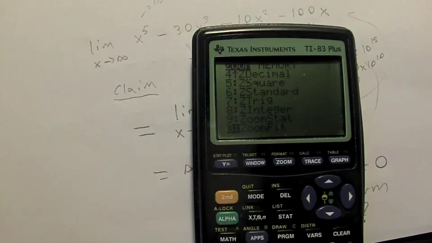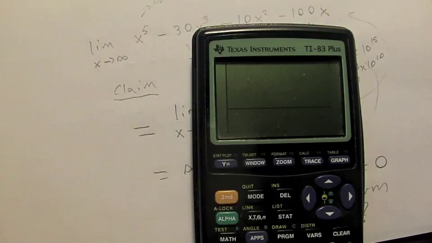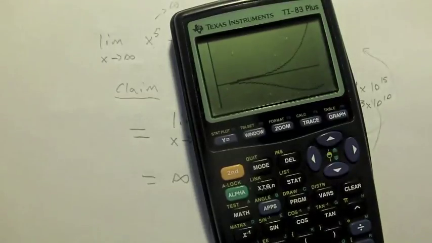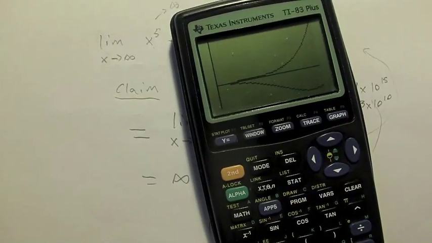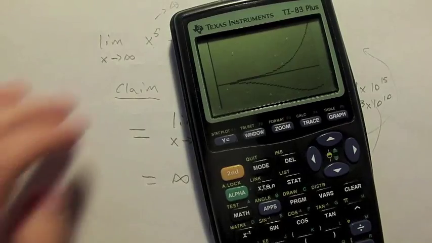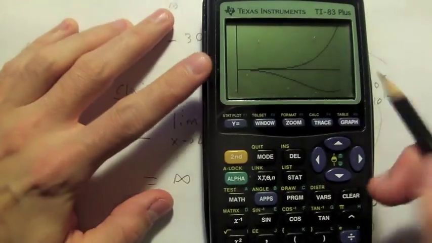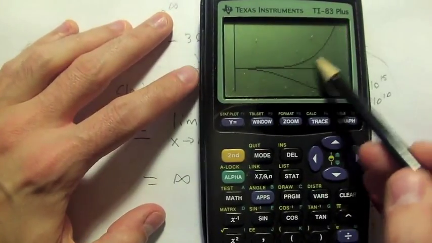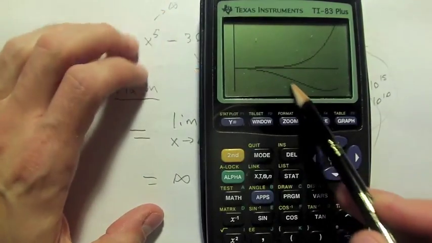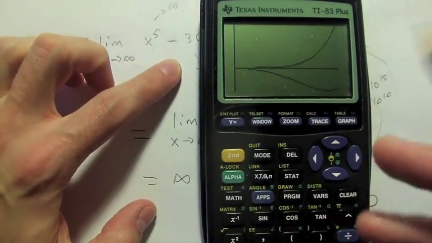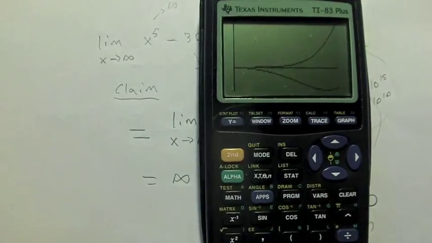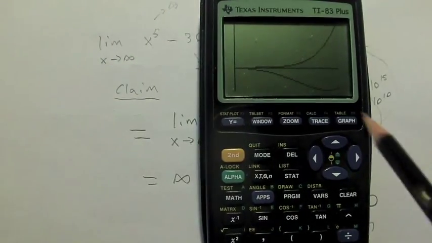Right, sorry about that, camera issues. Anyway, the functions graph, here is the first one, x to the 5th. And then here's the second one, the x to the 5th minus 30x cubed, the crazy one we are dealing with.